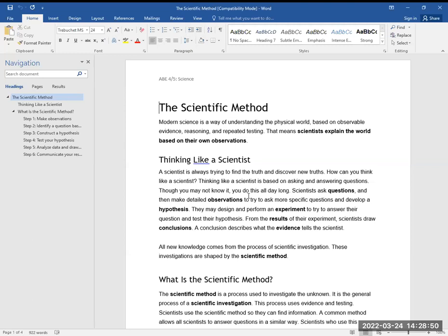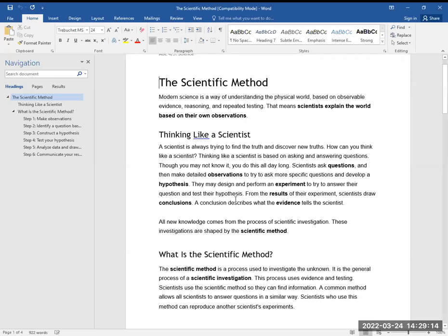That's what makes it repeatable, right? Repeated testing. So understanding the scientific method begins with the fact that a scientist's process is to observe, to reason, and to test, and to be able to test repeatedly.